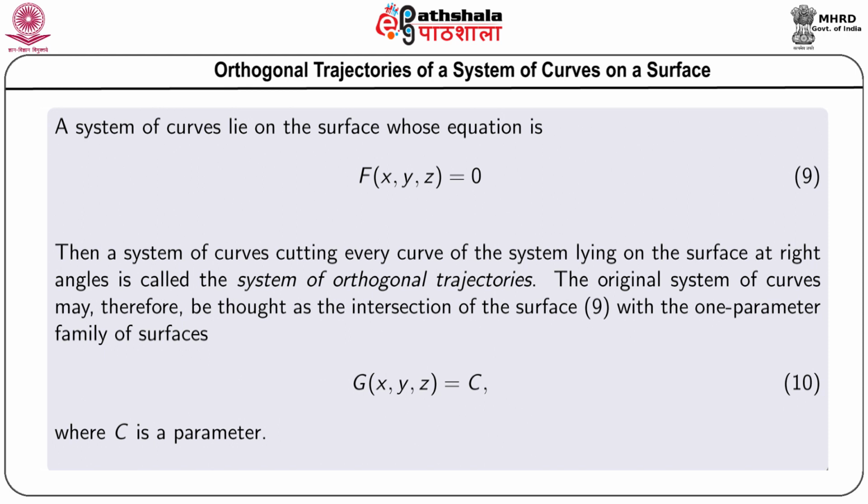Since in equation 8 there is one parameter c, 7 and 8 together represent a system of curves, where for different values of c we will get different curves. So, c is a parameter in this equation. Now, we are interested in finding the orthogonal set of curves to this system of curves, which also lie on the surface 7.